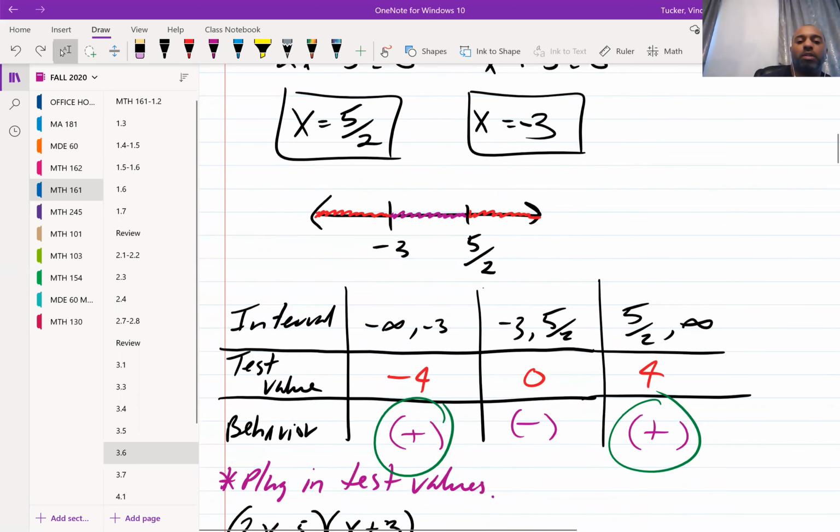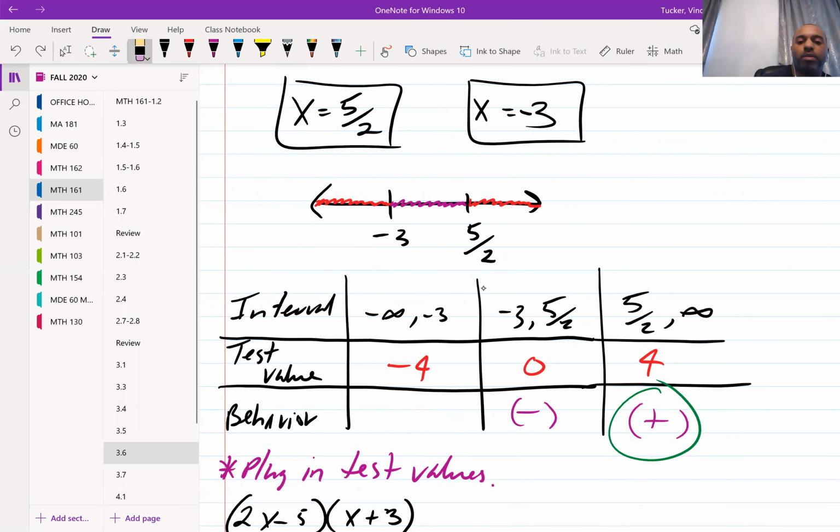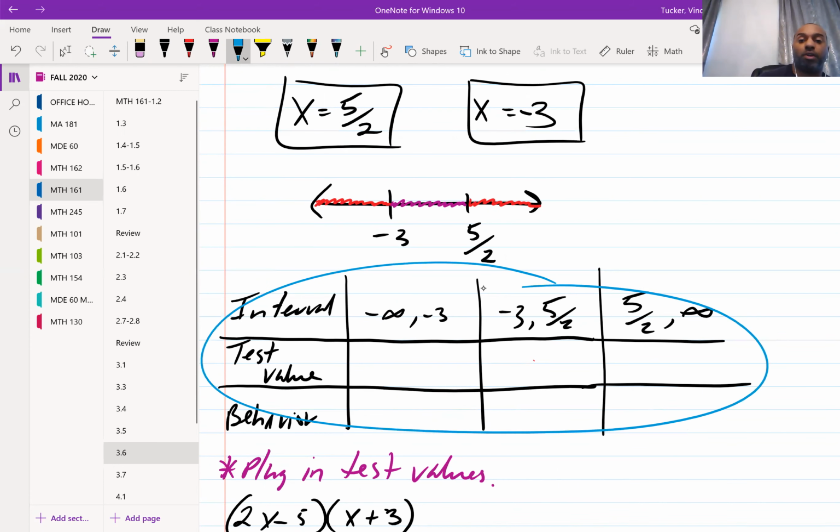And so let me erase this stuff so we can walk through it. So we would create this chart. Now, it's not mandatory that you create the chart. It is to your benefit, though, if you set up this chart so that you'll be able to easily get your answer and examine what the answer would be.